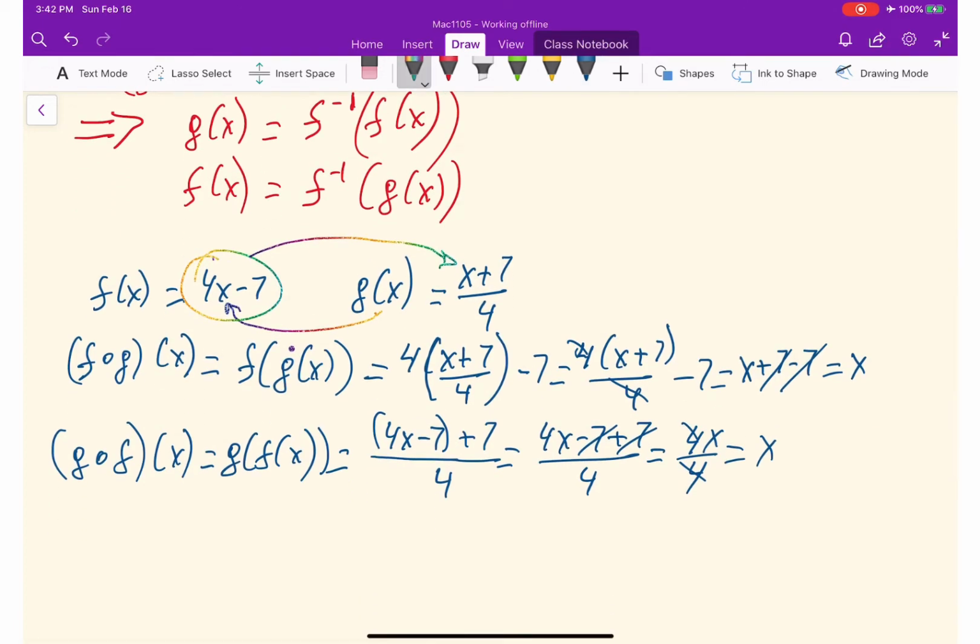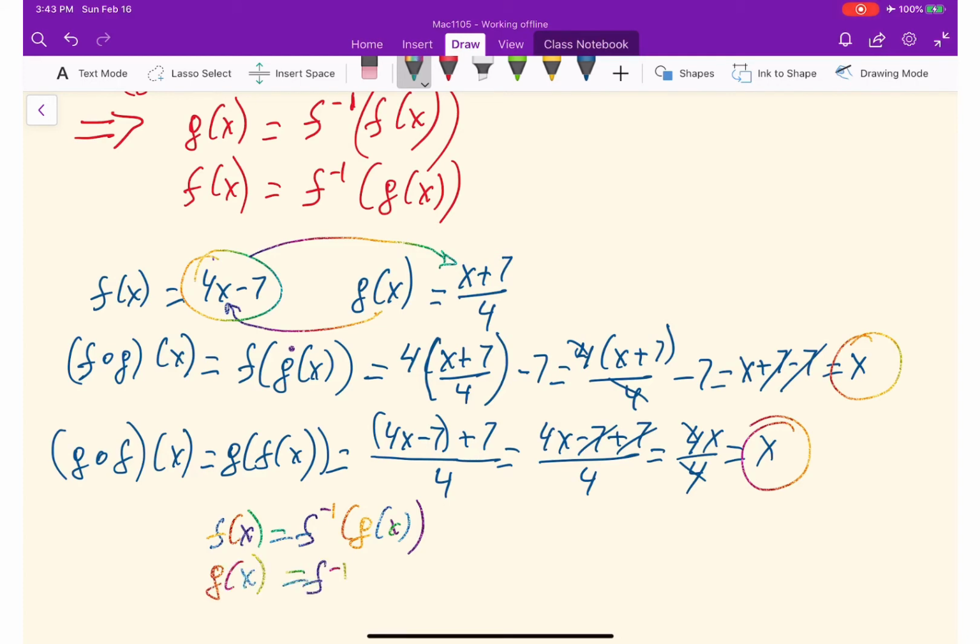So as we can see, in both cases we have x. Therefore, we can conclude that f of x is inverse of g of x, and g of x is inverse of f of x.